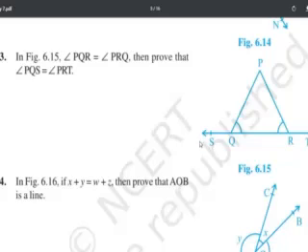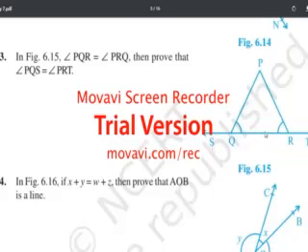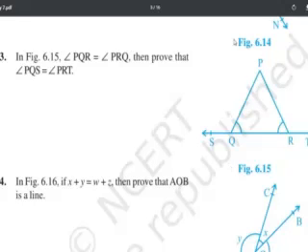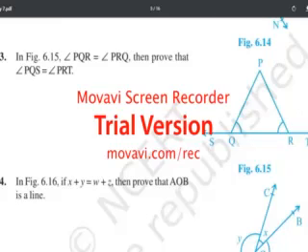Now as we know, sum of angles on a straight line is equal to 180 degree. So angle PQS plus angle PQR is equal to 180 degree. That you can assume as equation 1. Again similarly, angle PRQ plus PRT is equal to 180 degree. But PQR is equal to PRQ, you can write in the next line.